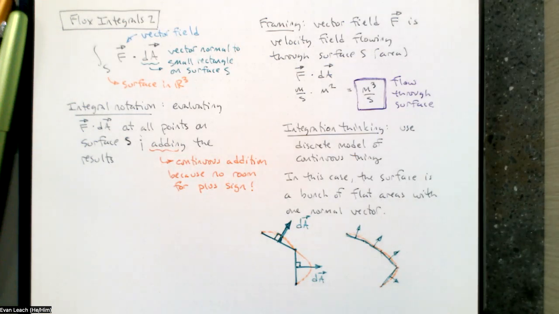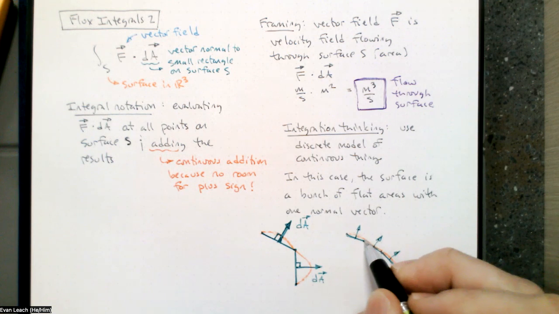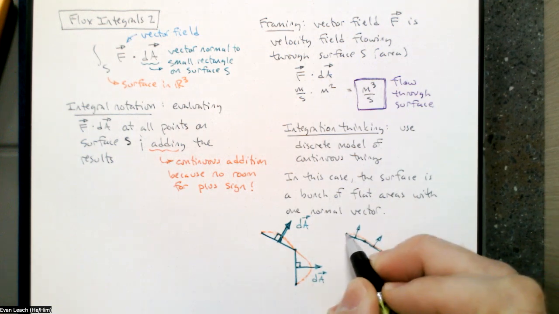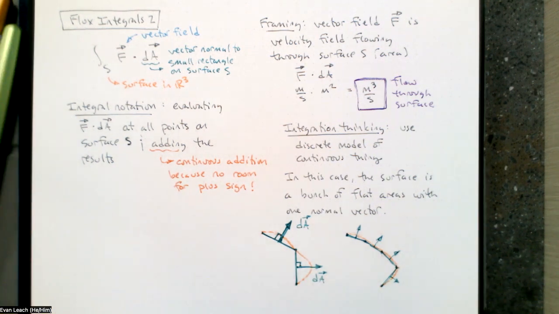We're just creating a model for the curved surface because there's a continuously variable normal vector.